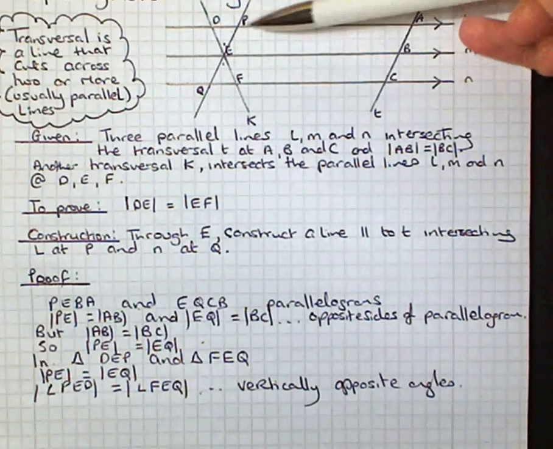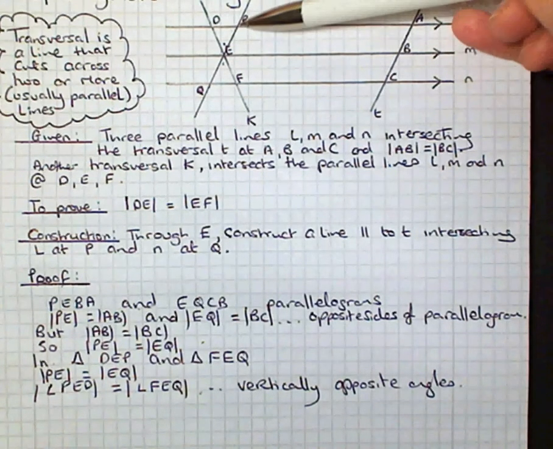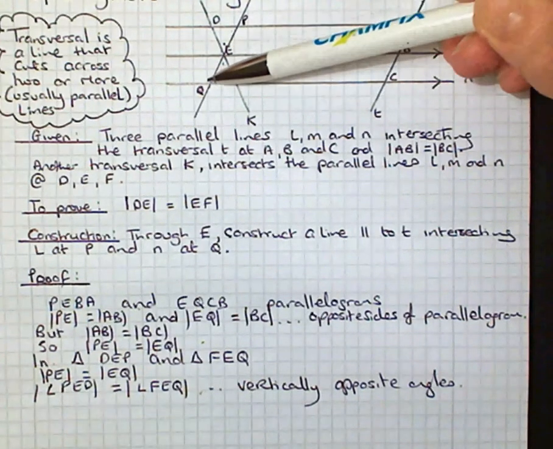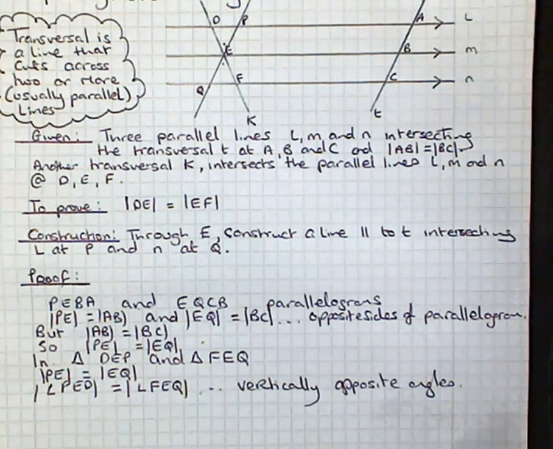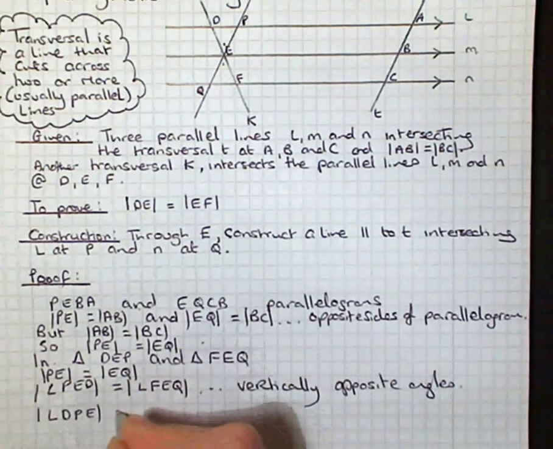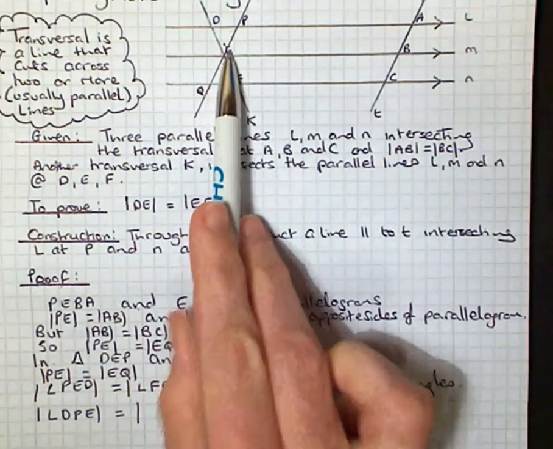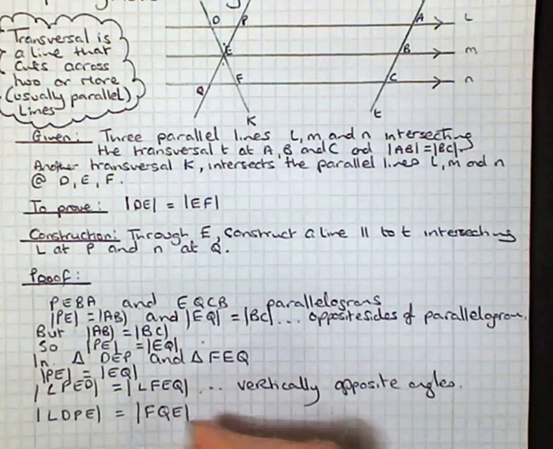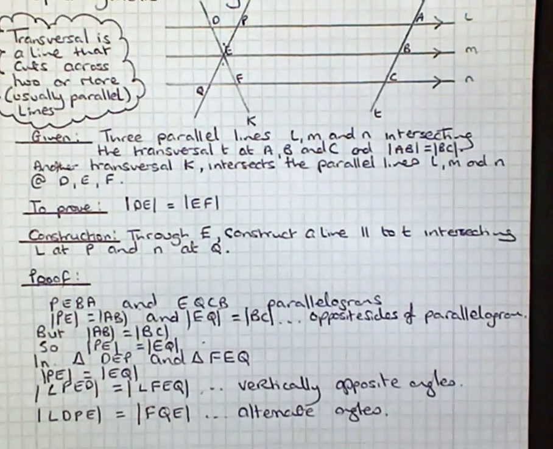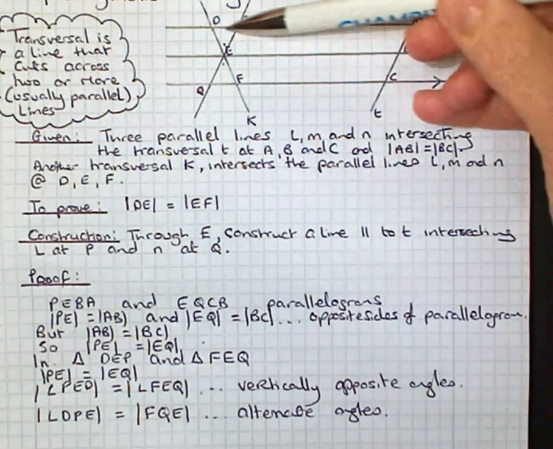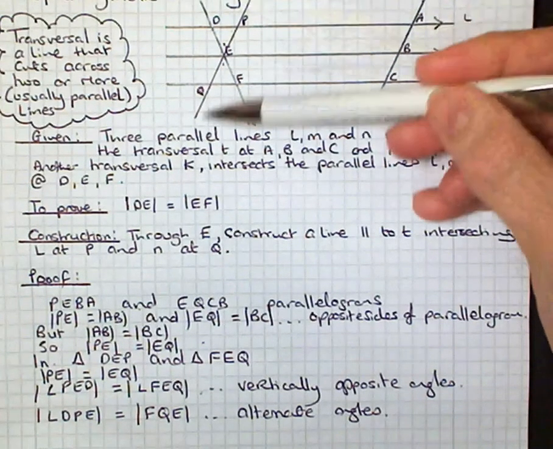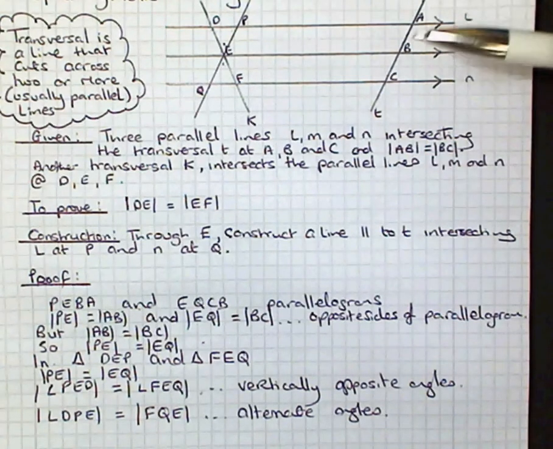If I look here, I have two parallel lines, and my angle DPE and my angle FQE are also equal, because they are alternate angles. Why did I pick out alternate? Because alternate angles are always formed by parallel lines with another line, which we now know is a transversal intersecting.